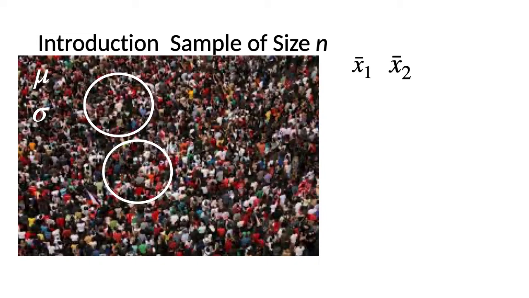So I could go out and throw all the people from the first sample back into the population, resample size n, and compute x bar 2. Let's note that we can ask the same questions: is x bar 2 exactly the same as x bar 1? More than likely it is not. Is x bar 2 the same as the population mean? Again, probably not, but could they be similar?